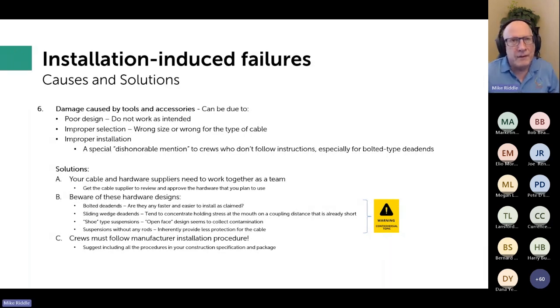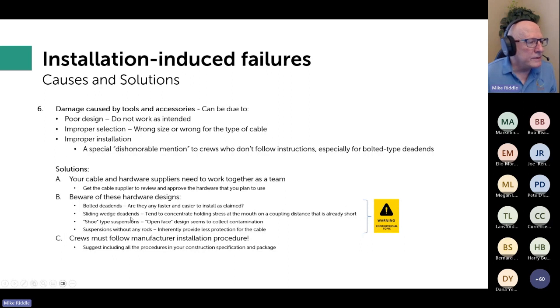No, it's more hate relationship with bolted dead ends. I just don't really like them, but a lot of utilities swear by them, and so I tolerate them, I guess is where I land on that. I have claimed many times over the years, I challenge the notion that they are faster and easier to install, which is why people choose to use them. So I would say beware.